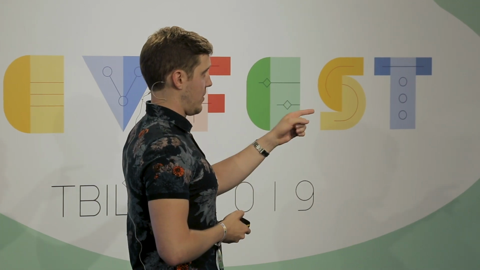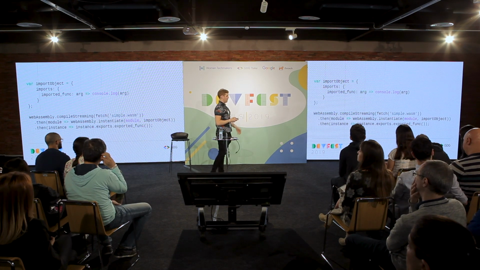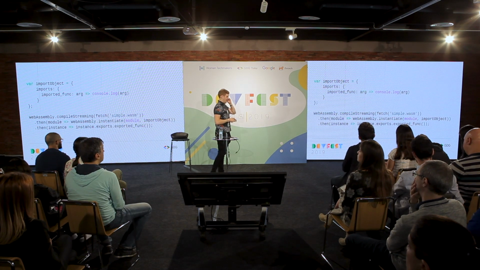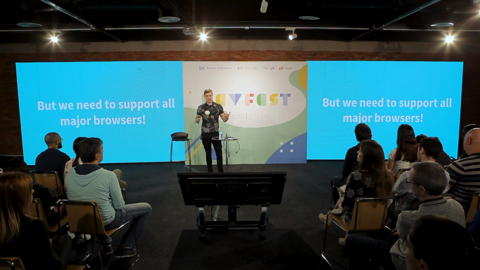What that exported function does, what simple.wasm has, is just a declaration of the number 42, and it just console logs out the number 42. It's probably one of the simplest programs, and that's why it's called simple.wasm. So that's how you would use WebAssembly in the browser, or also in Node.